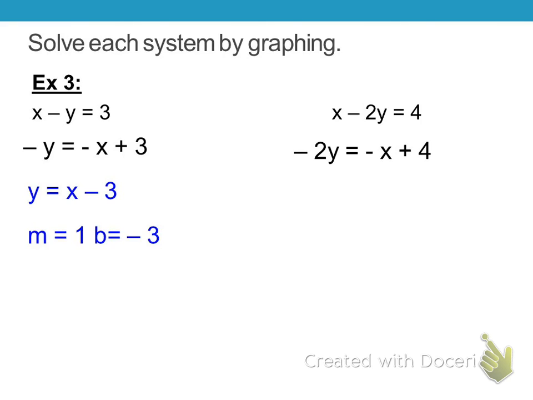So again, we got to get the x away from the y, so I'm going to subtract x from both sides. And then I'm going to divide everything by -2.